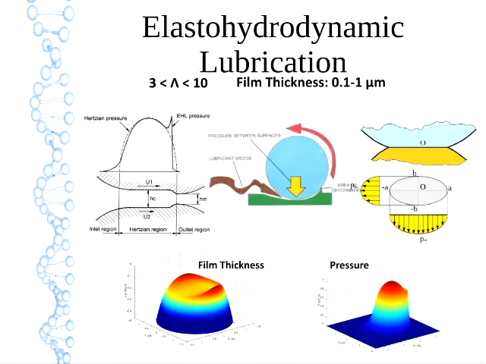Next, we're moving into elastohydrodynamic lubrication. Here, the lambda ratio is between 3 and 10, and the film thickness is typically 0.1 to 1 micron. If you remember, we talked about conformal and non-conformal contacts earlier in this presentation.